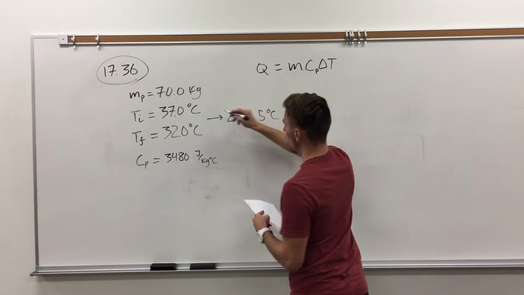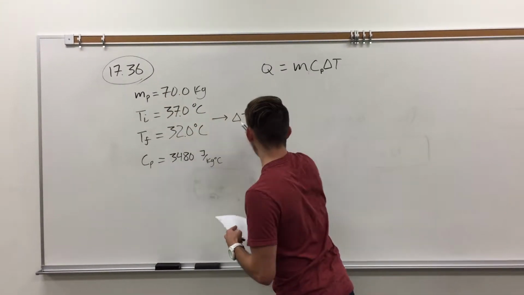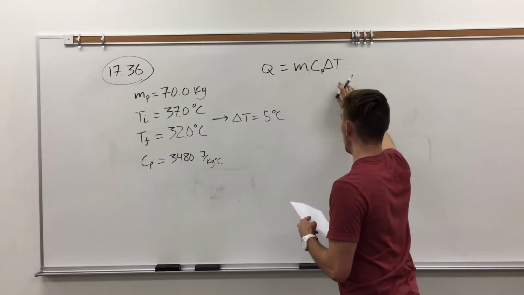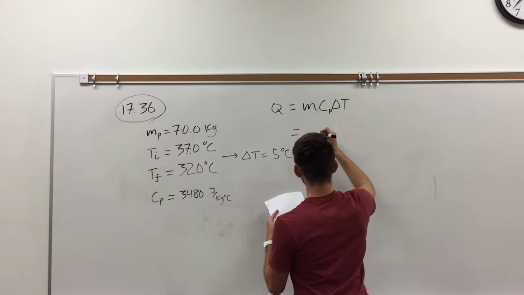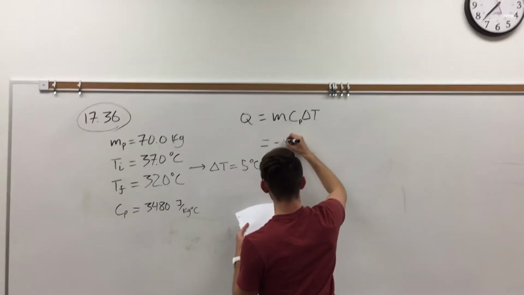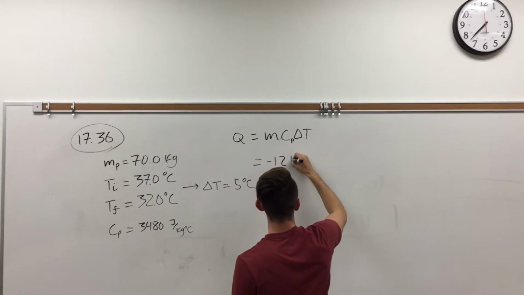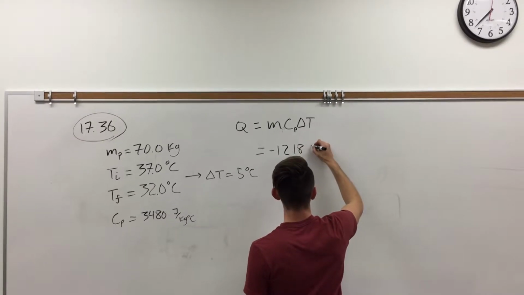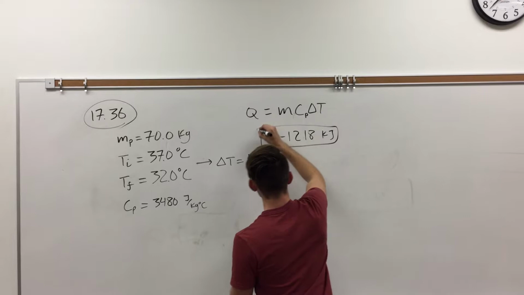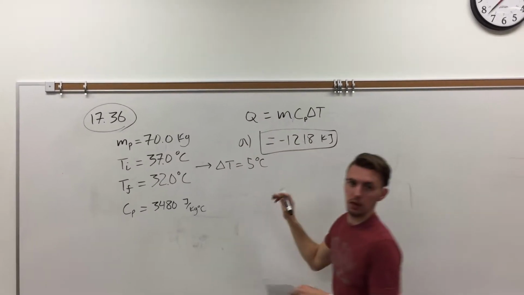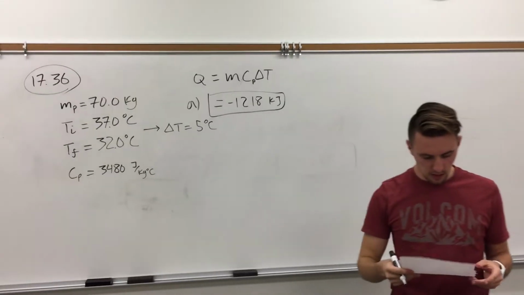So when you multiply all of these in the equation, we find that Q, or the amount of heat needed, is 1,218 kilojoules. So this is the answer to part A.